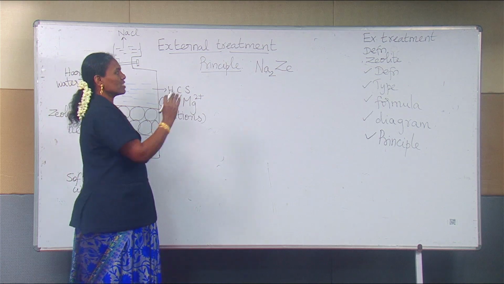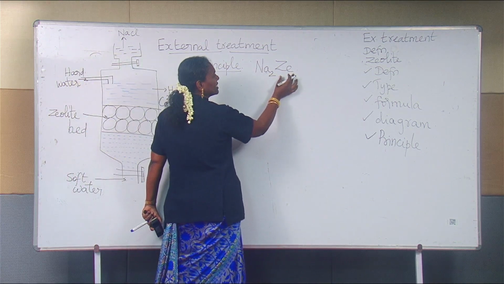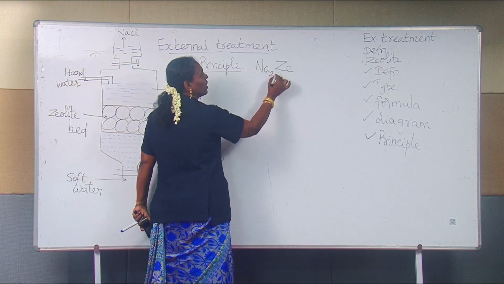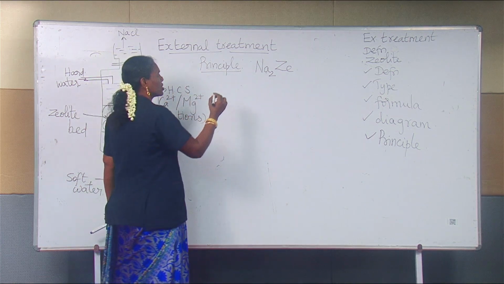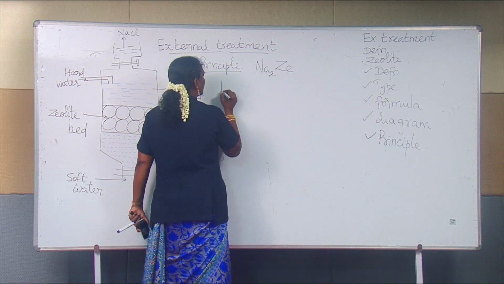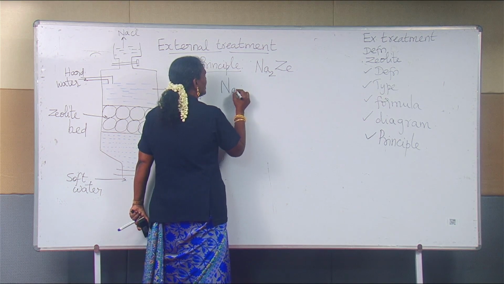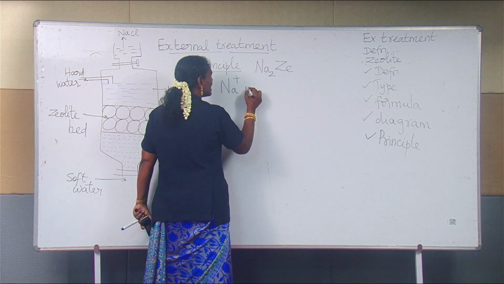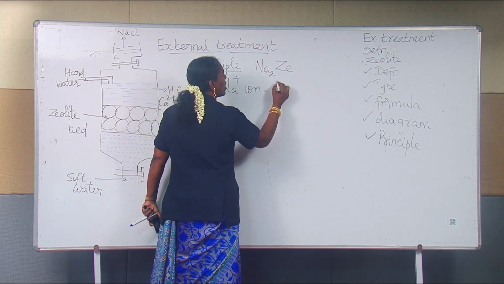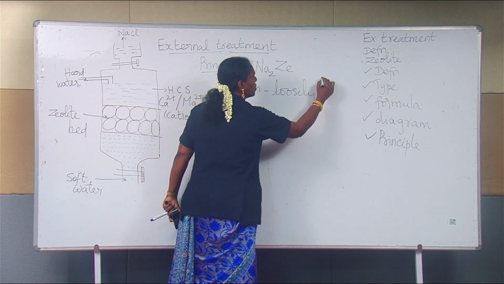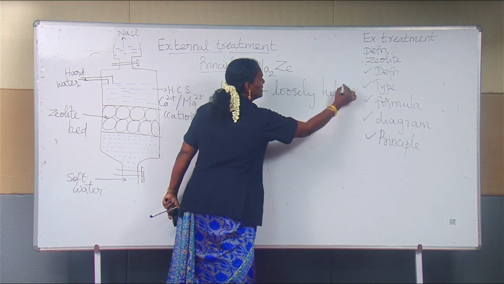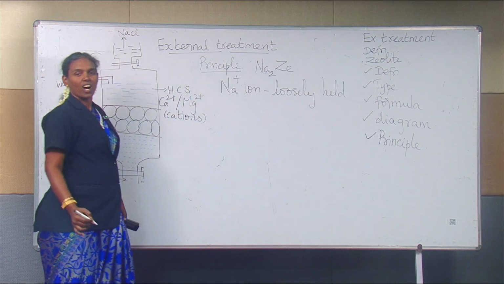Then this sodium zeolite contains sodium ions. Sodium, what is the valency? 1. So these sodium ions, that is Na+ ions present in the zeolite, are loosely held. So what will happen?